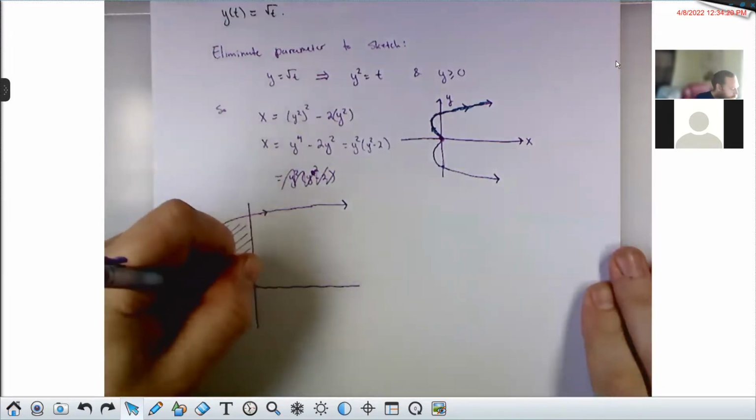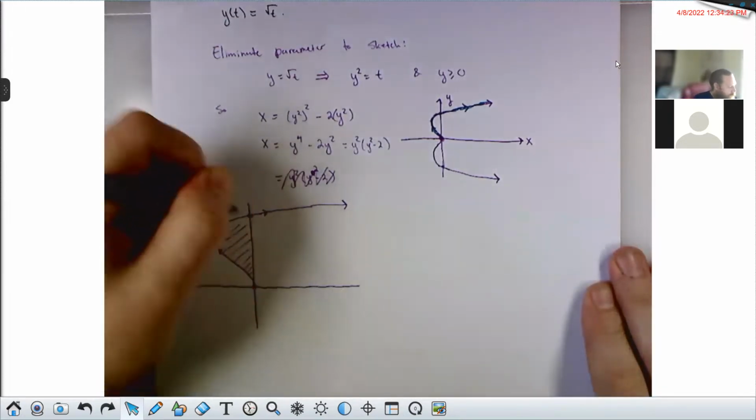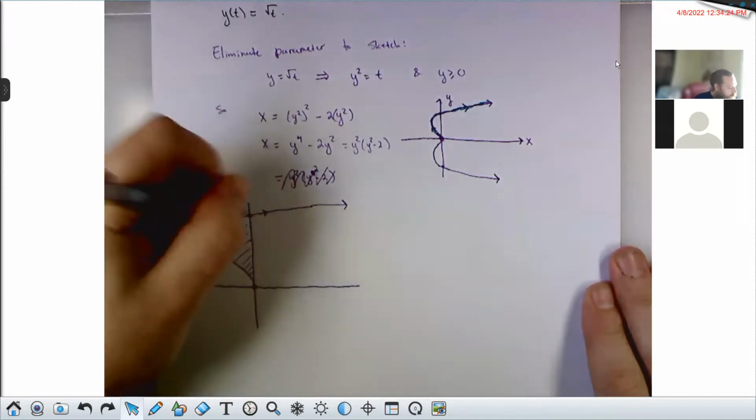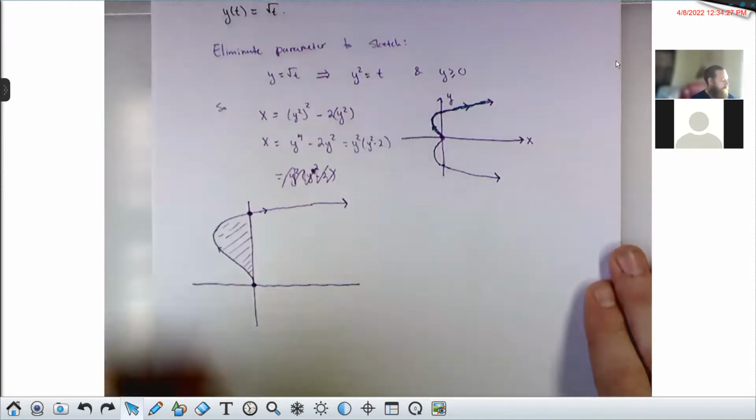The points that bound that region are these 2 points, and I need to find the t-values.